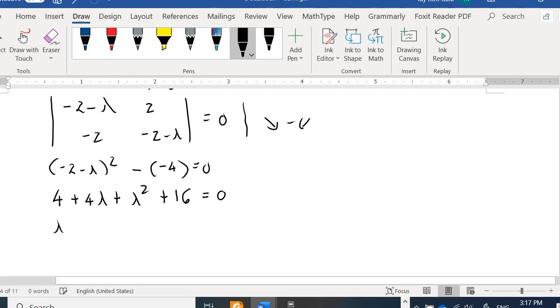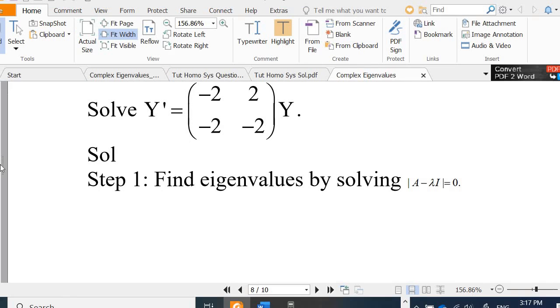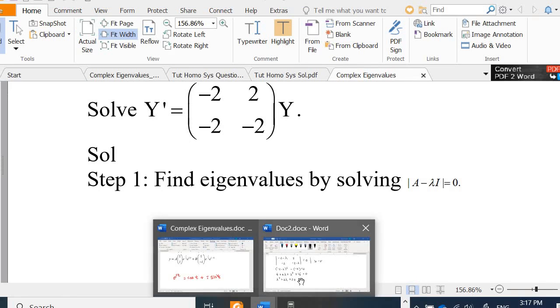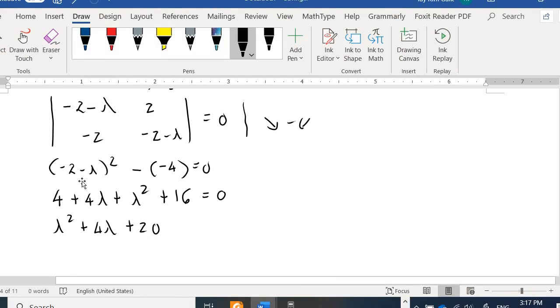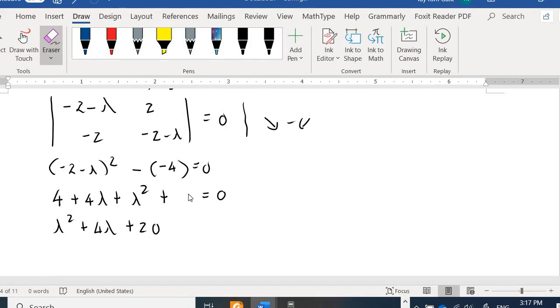So you have lambda squared plus 4 lambda plus 8 equal to 0.